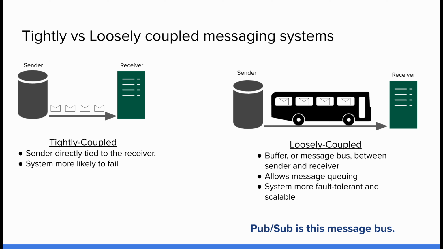This architecture is crucial for building reliable, scalable, and efficient systems, especially in cloud environments where components need to work independently and asynchronously, and especially when we're talking about big data. Understanding this distinction between tightly and loosely coupled systems helps us to appreciate the advantages of tools like PubSub in our applications to create more resilient and flexible communication between different parts of our system.